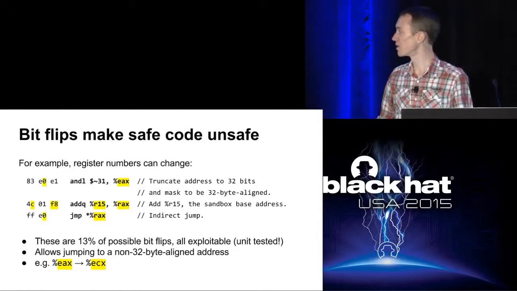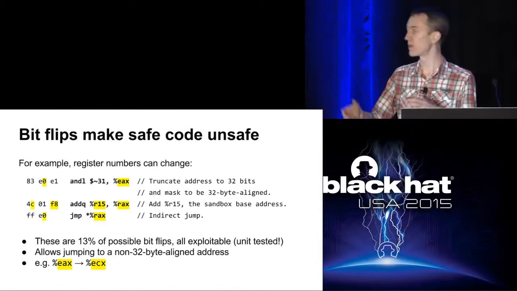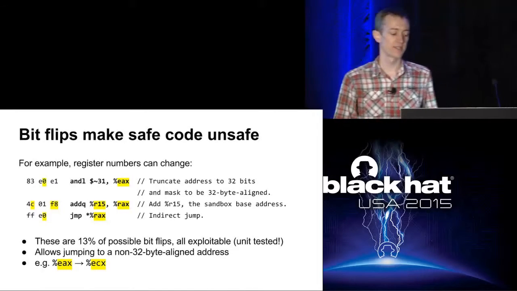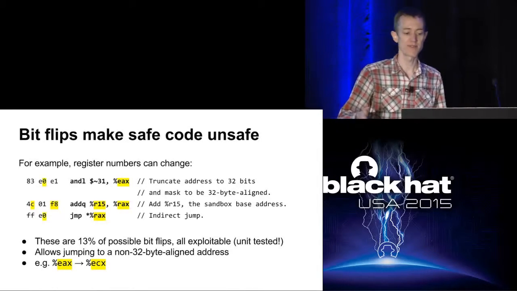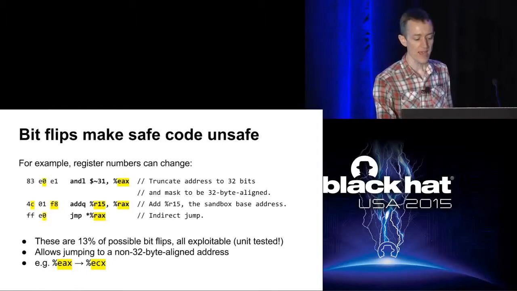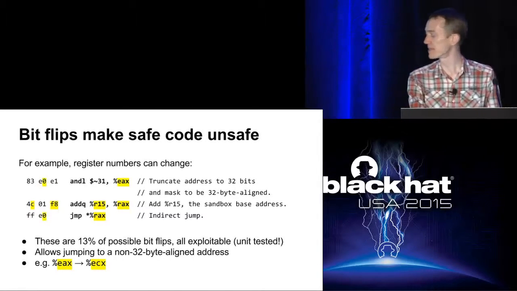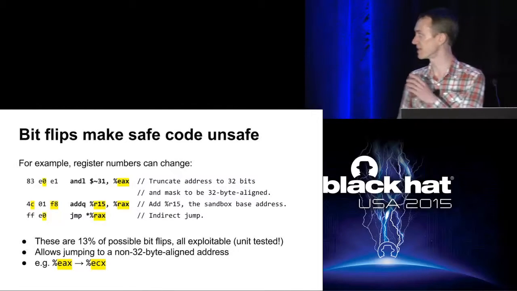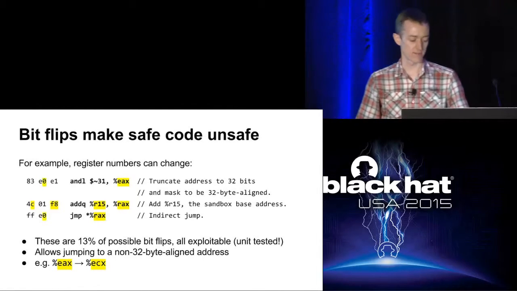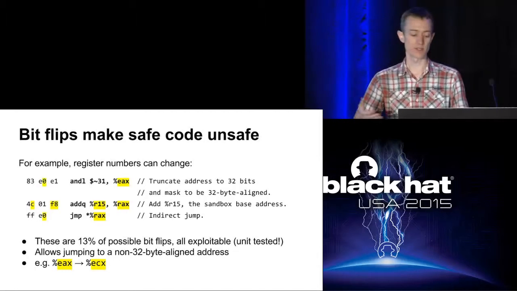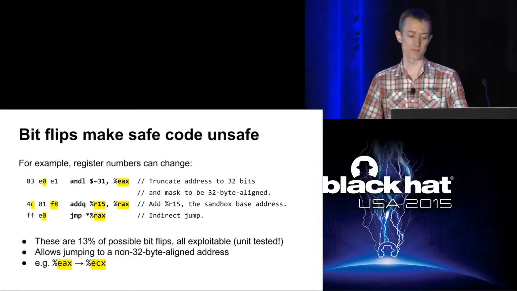So that's basically the approach I use in this exploit. We load many copies of this code into memory, and then we try and cause bit flips in the code. And my exploit can actually exploit bit flips in any of the register numbers in this code fragment. And then it would use those to jump to the hidden shell code.